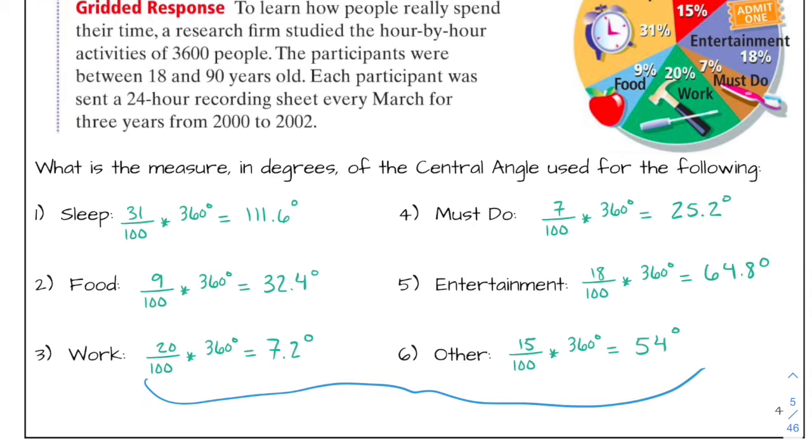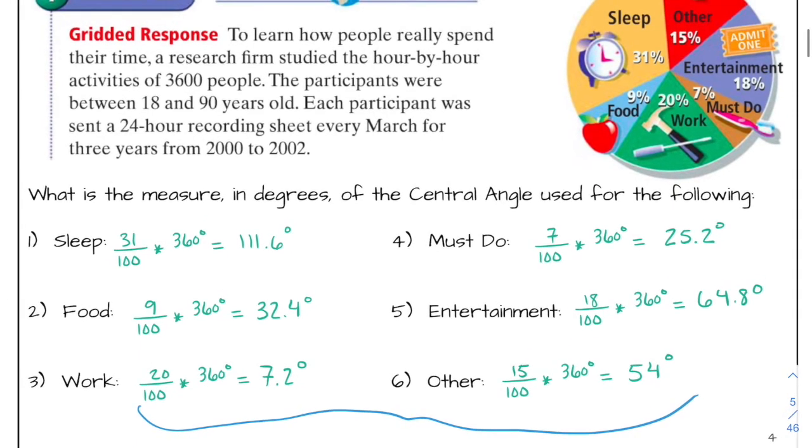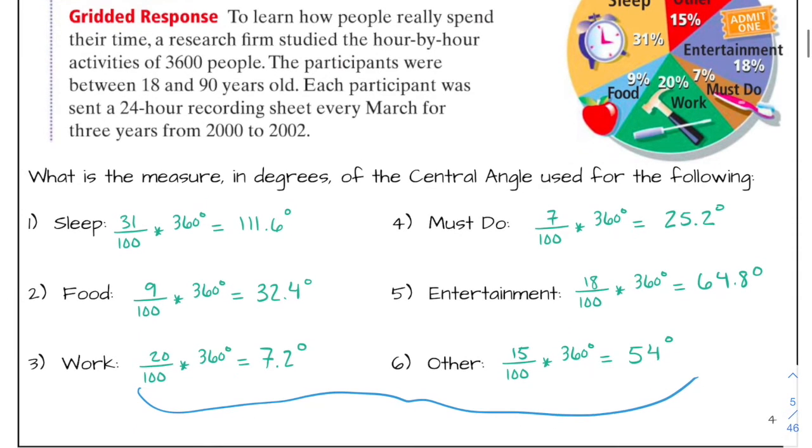Let's try this again. 111.6 plus 32.4 plus 7.2 plus 25.2 plus 64.8 plus 54. I am not getting 360 degrees.